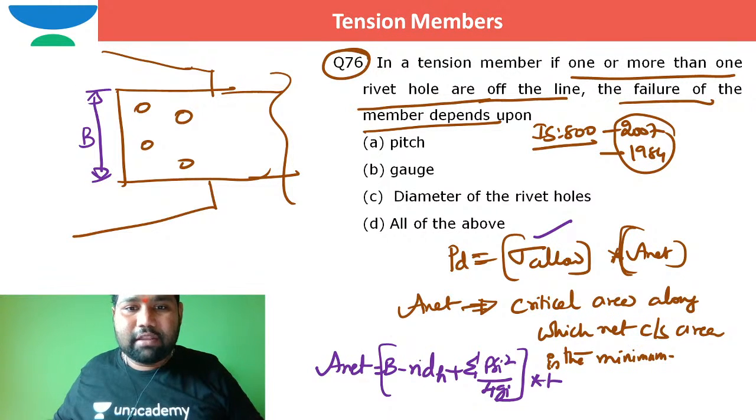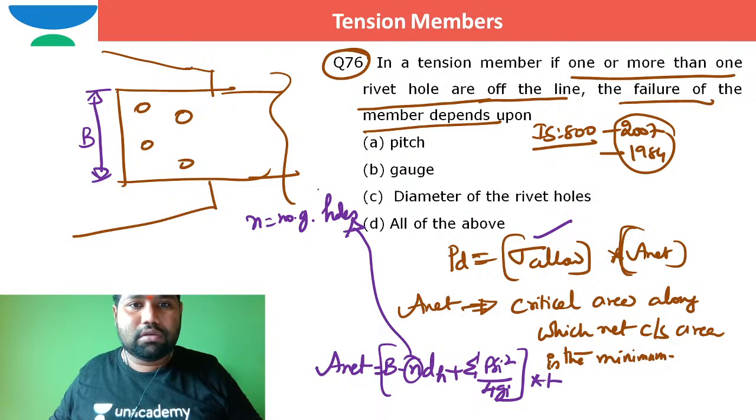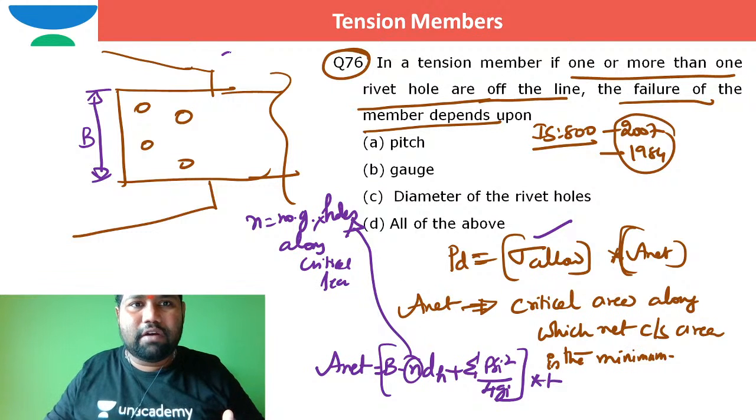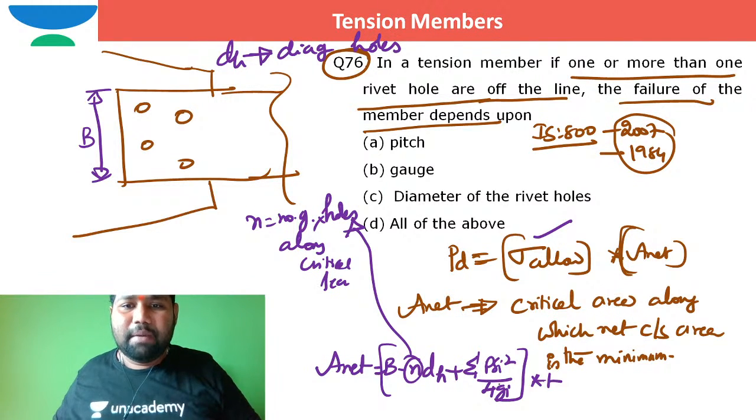And n stands for the number of holes which are along the critical section. n is equal to the number of rivet holes, or maybe bolt holes, whatever, number of holes along the critical section. What is this? dh stands for the diameter of rivet holes or diameter of bolt holes or diameter of holes, right? psi stands for pitch.